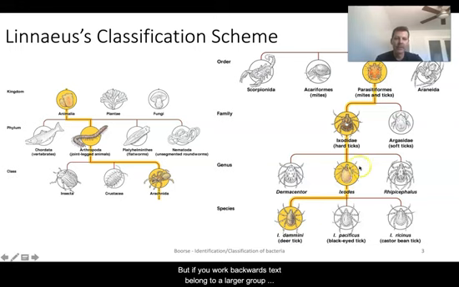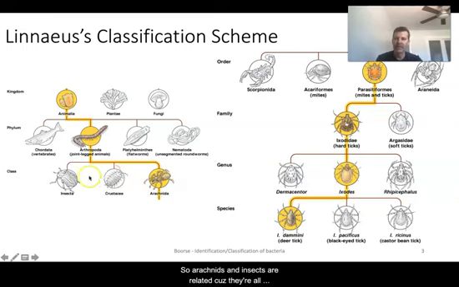But if you work backwards, ticks belong to a larger group, a family, and there are different types of ticks. Then you back this up, and you can see these are related. These are different orders: mites and ticks here, and some mites and some scorpions here. Above order, so bigger, these are different classes of arthropods: insects, with flies and things in it, crustaceans, and then all arachnids belong here.